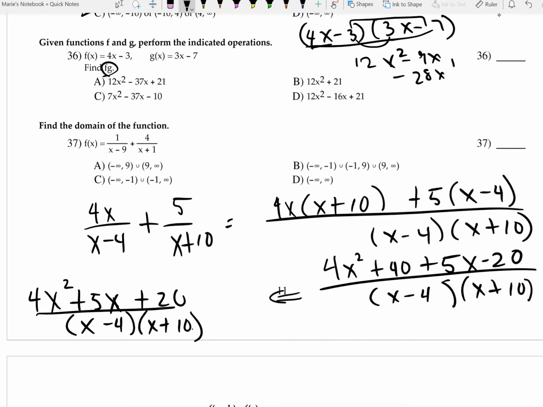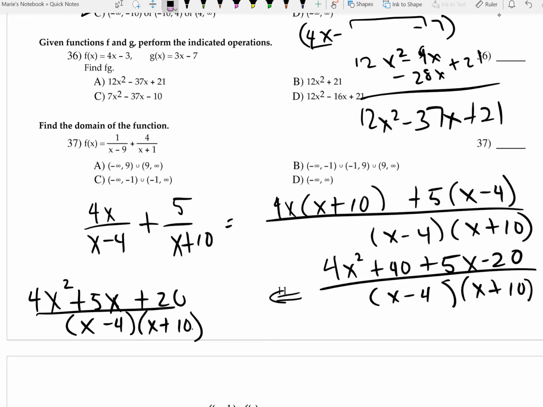Last term, positive 21. So the answer choice for 36 should be A. Alright, so you get 12x squared minus 37x plus 21. Alright, let's erase all this for a moment.